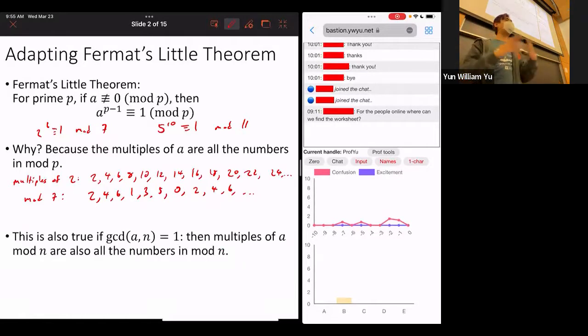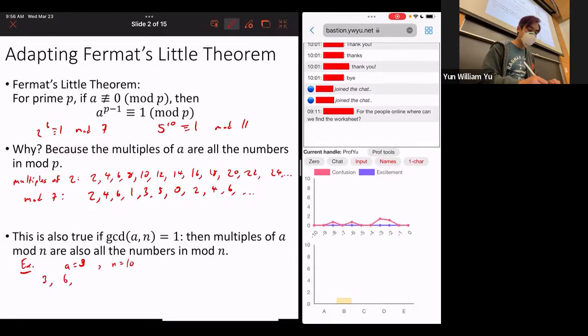Now, of course, in the bean tossing exercise, it wasn't just true for prime modulus. It was true whenever the greatest common divisor of A and N, your tossing number, and the total number of people around your circle, was equal to 1. Then the multiples of A are also all the numbers in mod N. So for example, if A is equal to 3, if you're tossing the beanbag around by thirds, and N is equal to 10, you do still get everyone around.